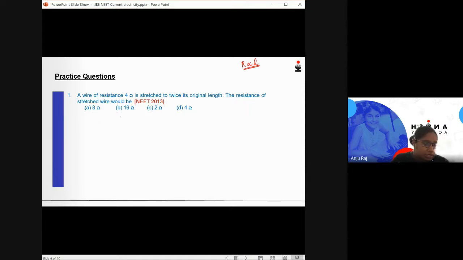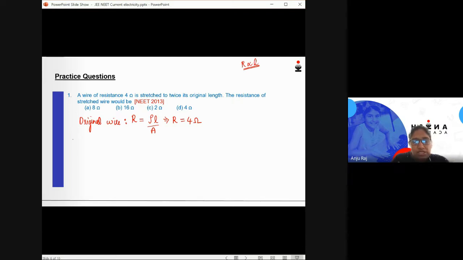So we can write here what they have given. The original wire, first we will write the original wire resistance. Let me take it as R, and the formula is rho L by A, and this R, they have given, is 4 ohm. That is the original wire.